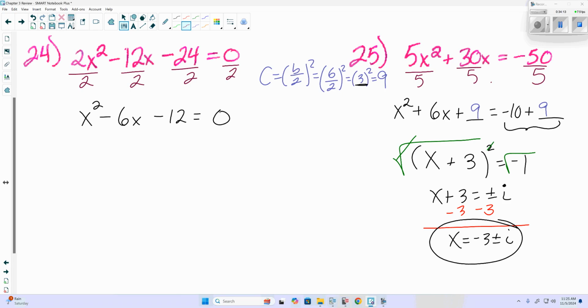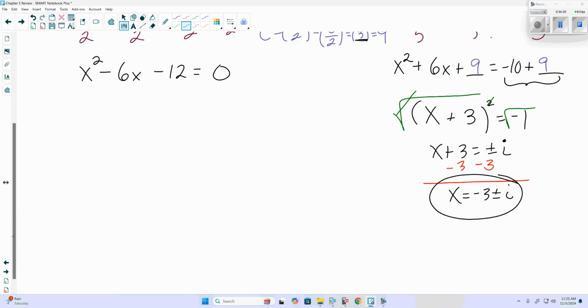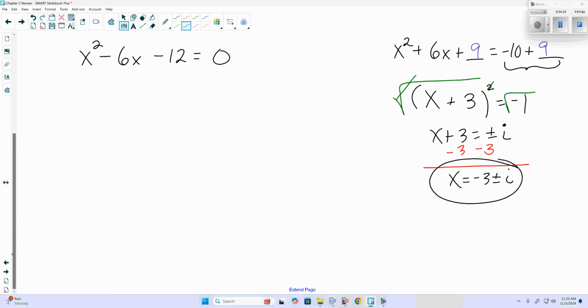You're not going to have to do anything with a. So for like 24, if it was on the test, we're going to be starting here, not what we were actually given, because the value of a is going to be 1 for both of the completing the squares on the test. So we can really just move to step number 2.